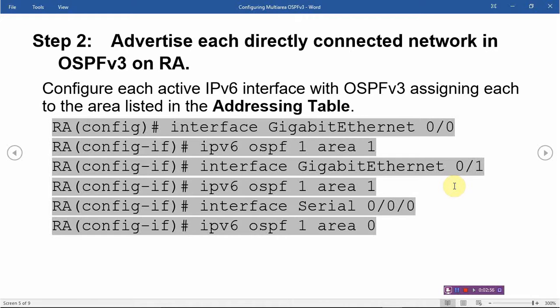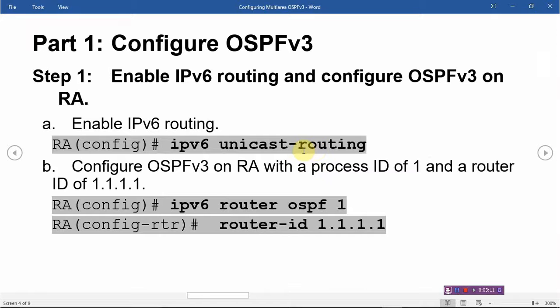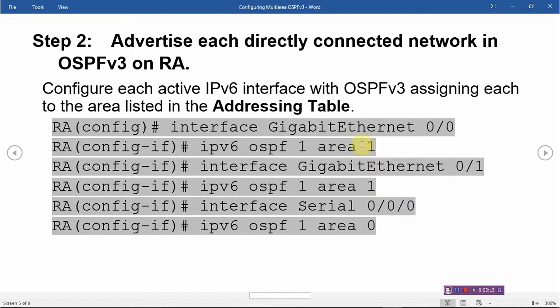These are the configuration steps for advertising each directly connected network in OSPF version 3, that is the interface ID. The interface ID is given here, and then ipv6 ospf 1, where 1 is the process ID mentioned over here, and this is the area.